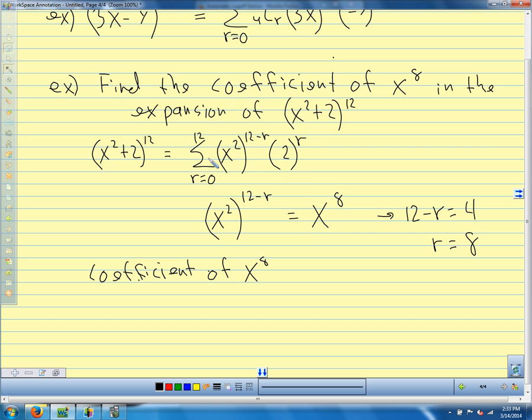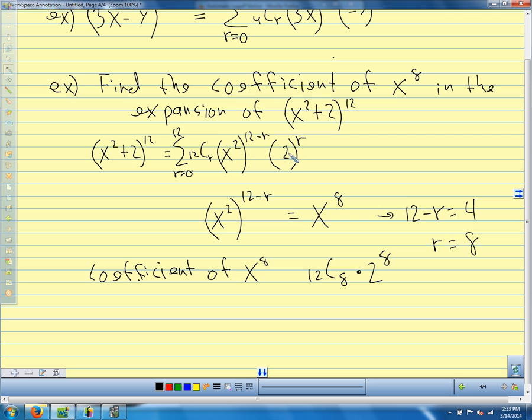So the coefficient of x to the 8th is going to be... I forgot something in my formula here. What did I forget? My 12Cr. So let me back this up. I forgot that in our formula. So our coefficient is going to be 12C8 times 2 to the 8th power, because r equals 8.